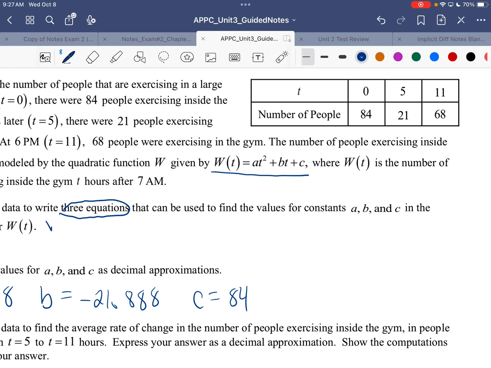At 0, W should equal 84. But they want you to actually take the input value of 0 and plug it in everywhere you see a T or an X. So you'd have 84 equals A times 0 squared plus B times 0 plus C. Then do the same thing for 5 and 21.